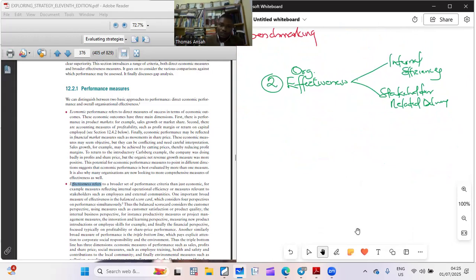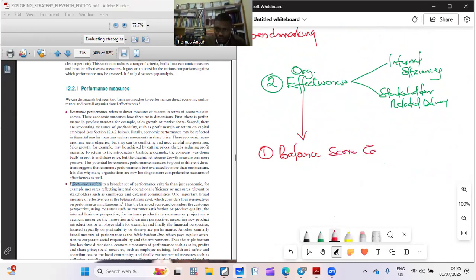All right. So here, in doing this effectiveness measurement of the existing or the current situation of a business, what you are going to do is you can use what we call the balance scorecard. You can use the balance scorecard.